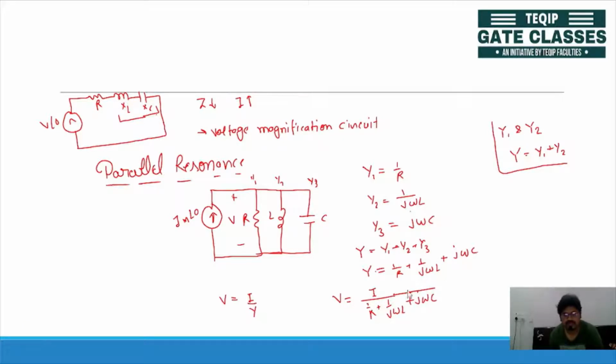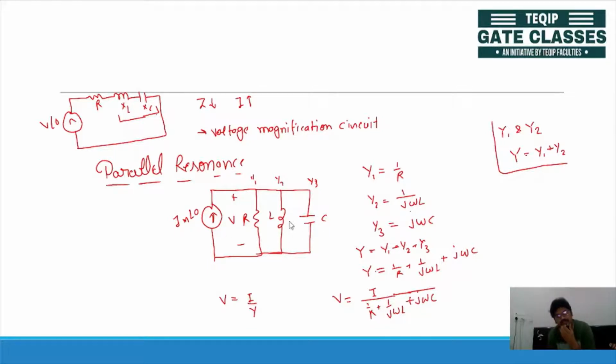Now, as in the series resonance circuit, at the resonating frequency your inductive admittance will be equal to the capacitive admittance, and this will act like a purely resistive circuit.